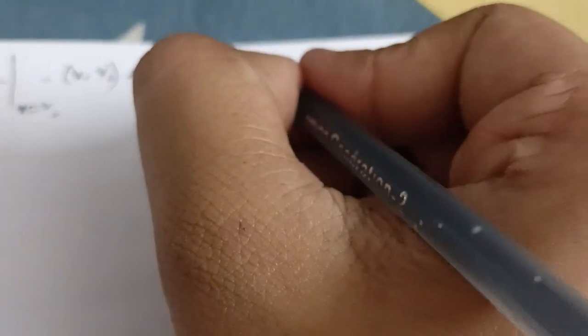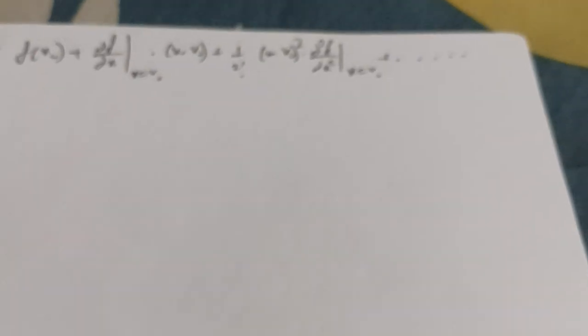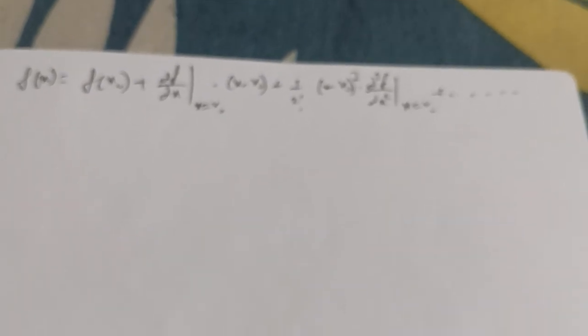f(x) is equal to f(x naught) plus del f by del x at x naught times (x minus x naught) plus 1 by 2 factorial times (x minus x naught) whole square times del 2f by del x2 at x is equal to x naught, and so on. It is the Taylor series expansion of a function f(x) at x is equal to x naught.